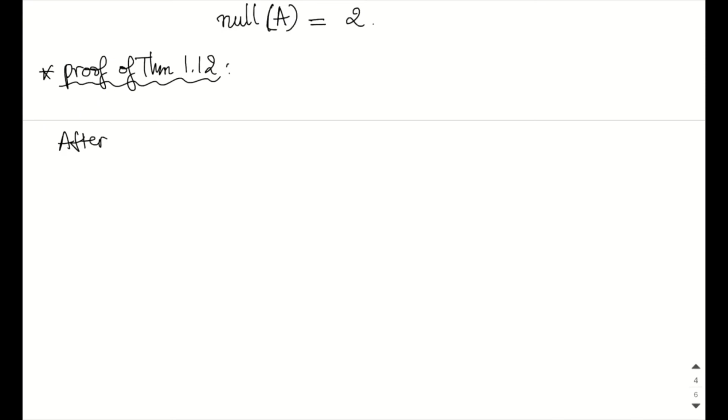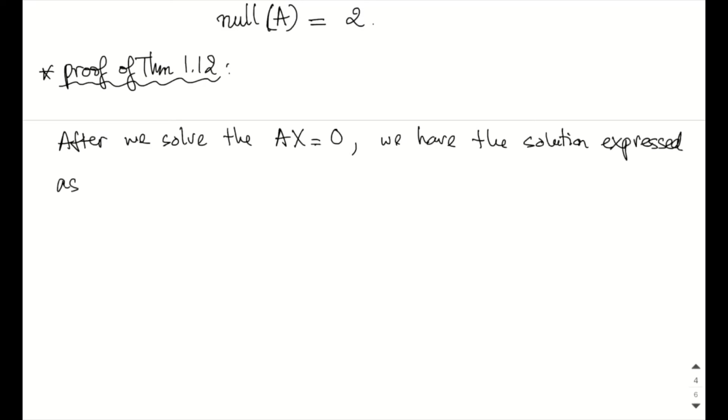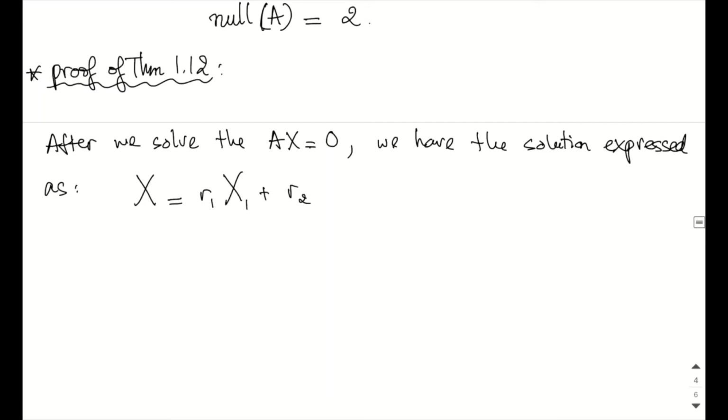After we solve the system AX equals 0, we have the solution expressed as X equals some number, say R1 capital X1 plus R2 capital X2 plus, up to, plus RK capital XK.